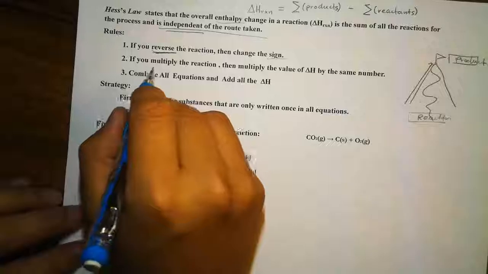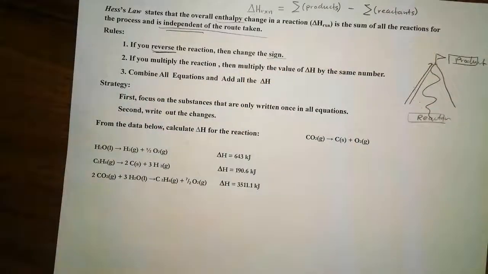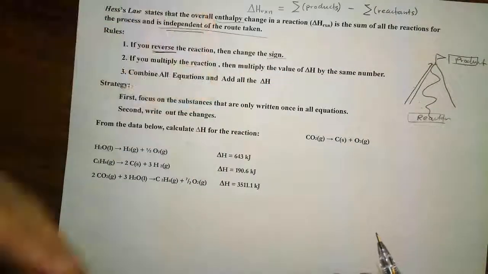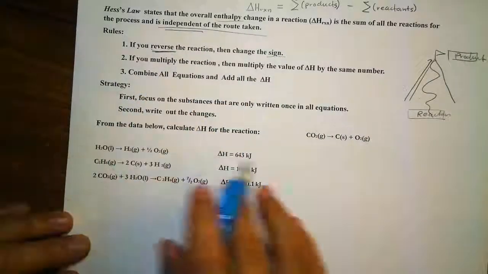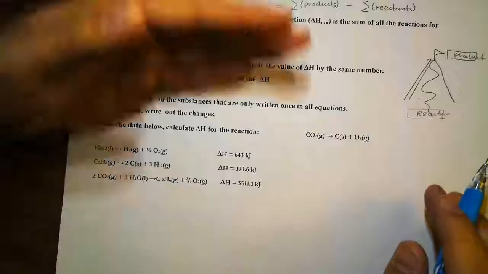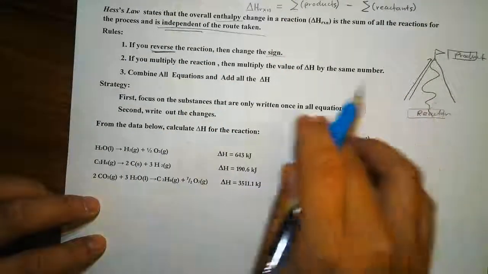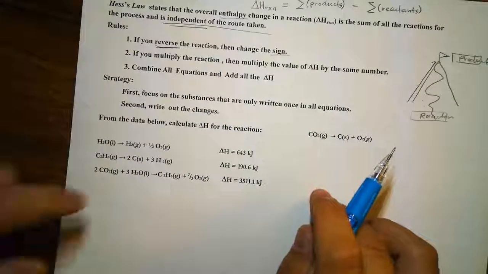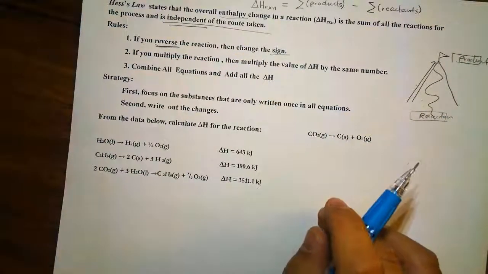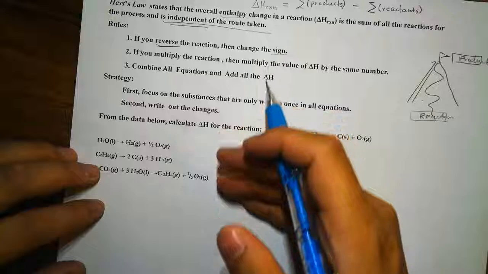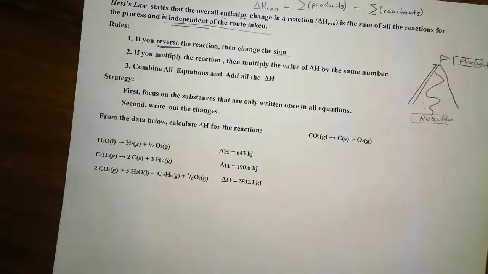Then the other part is that if you multiply the reaction, that means you have to change the coefficient to match one of those. If you multiply the reaction so that the coefficient matches with this overall, then you have to multiply the value of delta H by the same number. And lastly, you just combine all of them together with the new changes of delta H.